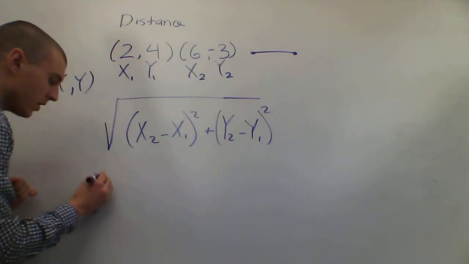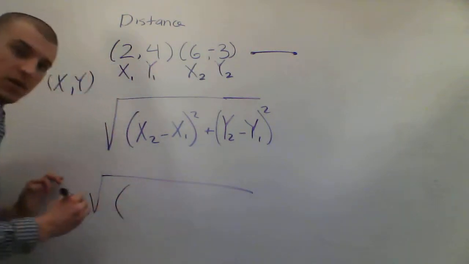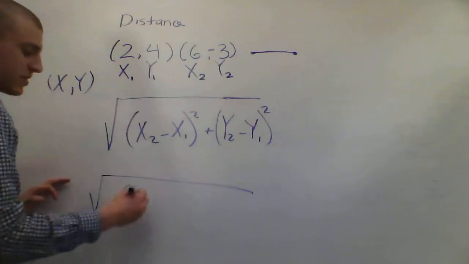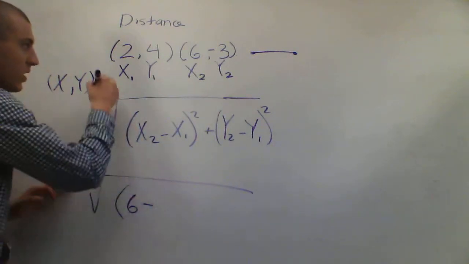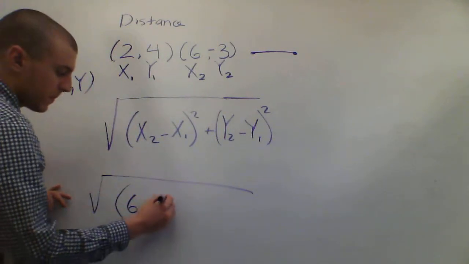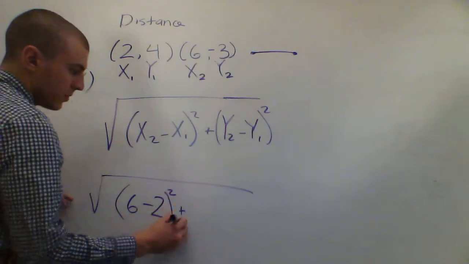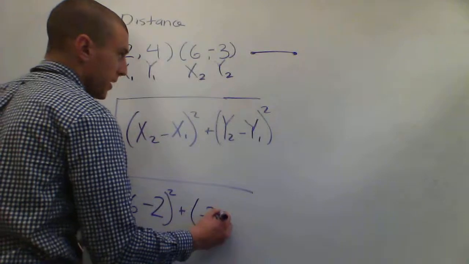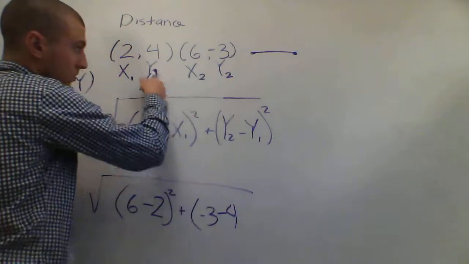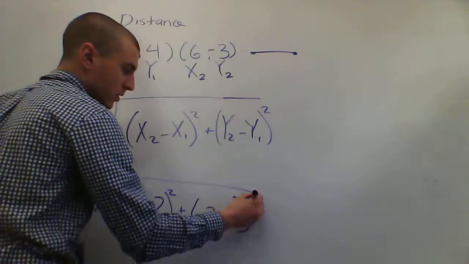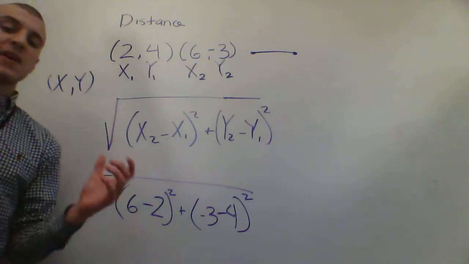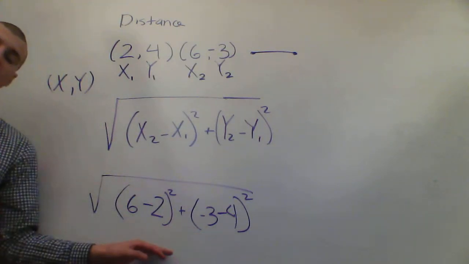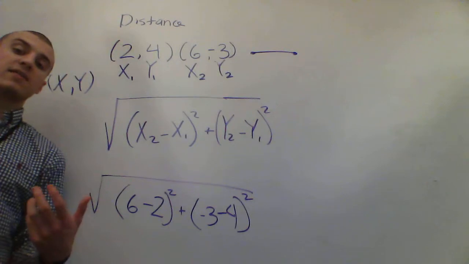Ready? Square root of, in parentheses, x2, which is our 6, minus x1, our 2, squared, plus y2, -3, minus y1, 4, squared. Now, what I've seen is a lot of people do all of this correct, and then their computation at the end is incorrect.